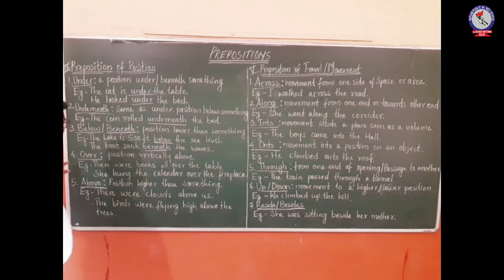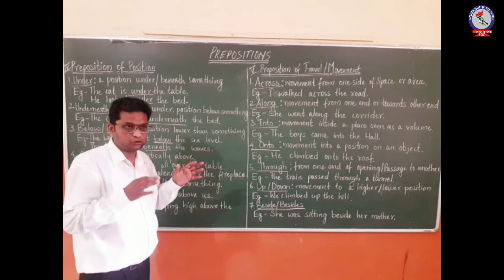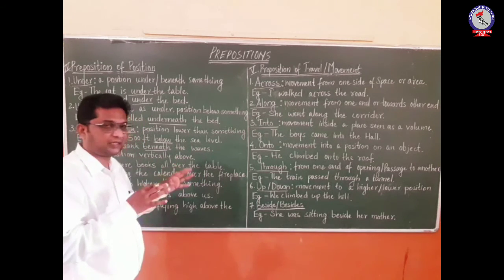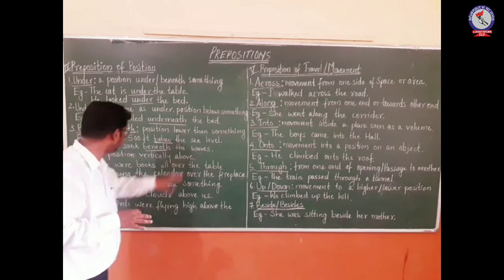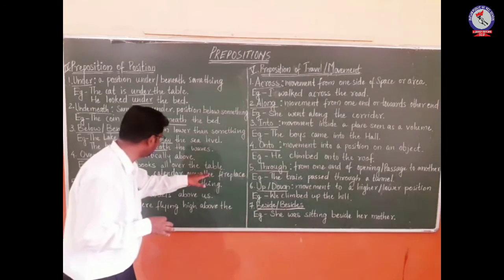See the next, over. It is used to show the position vertically above. See, there were books all over the table.